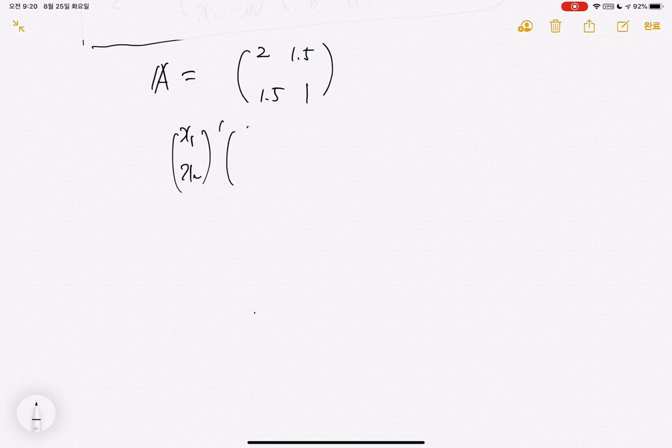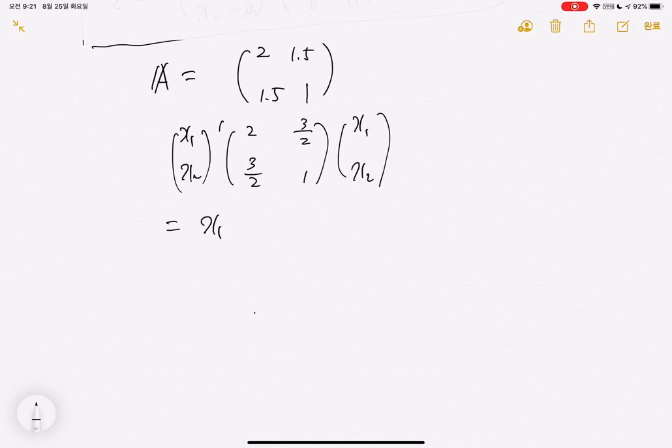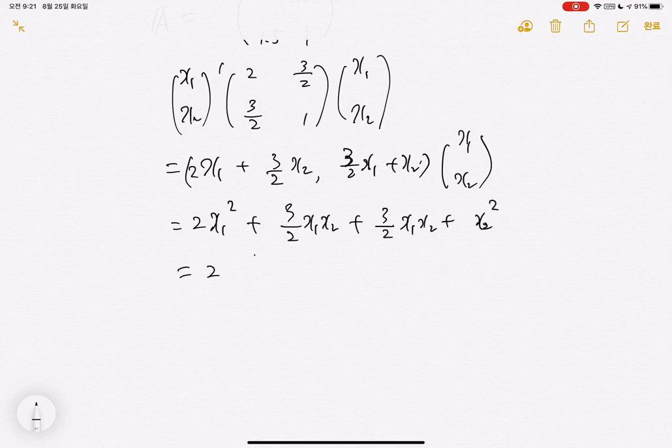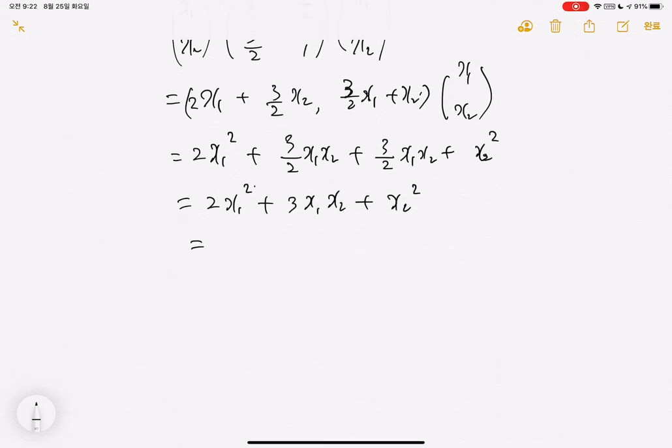Then x1, x2 prime times [2, 3/2; 3/2, 1] times x1, x2 is 2 x1 squared plus 3 x1 x2 plus x2 squared.